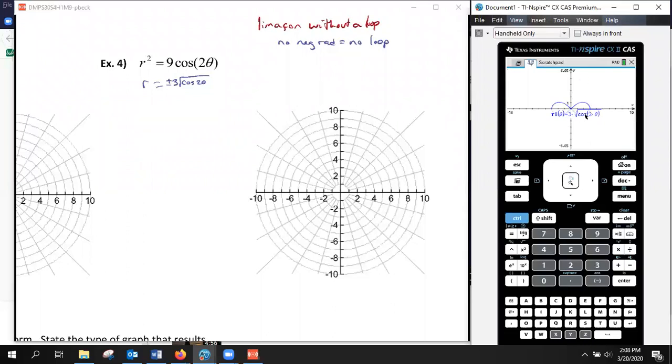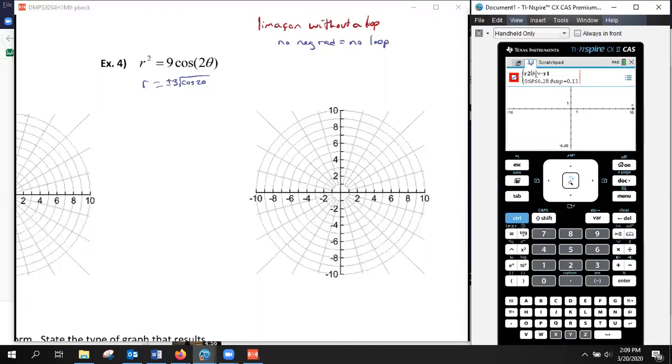It should be the exact same graph. There we go. I'm not seeing it on here, probably because it's overlaid. Let's turn that off. I'm not sure why that's not actually graphing it. Anyway, it's the exact same.